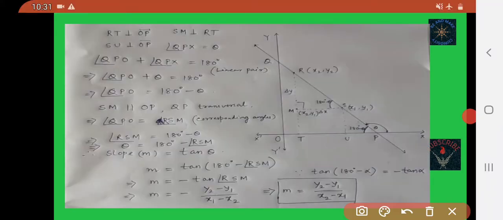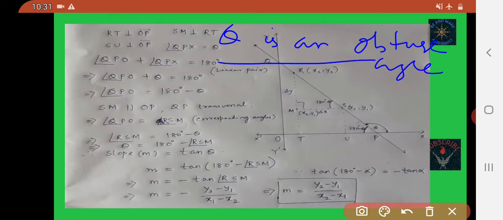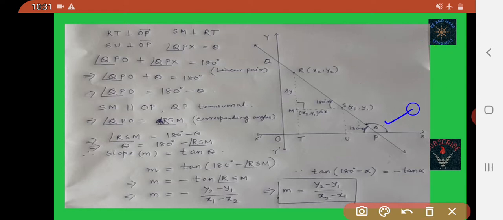Here theta is an obtuse angle, and 2 points are given, R and S. You know that theta and this angle are a linear pair, so the sum of these two angles is equal to 180 degree.